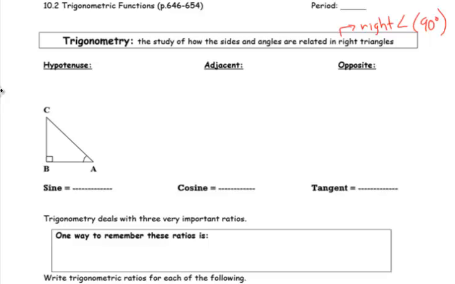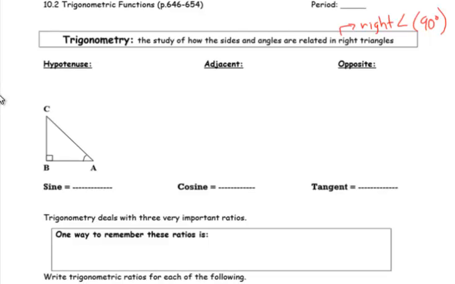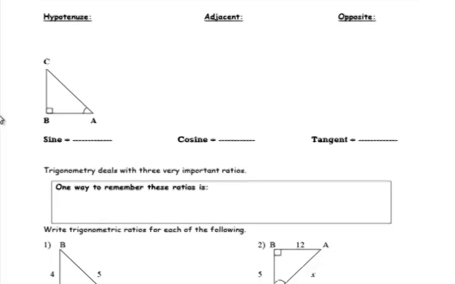Now we're going to use some new terminology here today, and you see it on our page and on your note sheet. The first is the hypotenuse. The hypotenuse is the side across from the right angle.